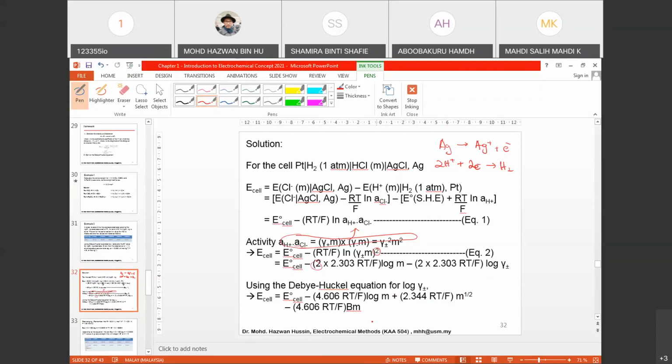The representation now becomes E cell equals E naught cell minus 4.606, as a result of multiplying this value, RT over F log m, still the same thing, plus 2.344. So where does this come from? Actually, if you look carefully, this is coming from the representation. Oops, what happened?